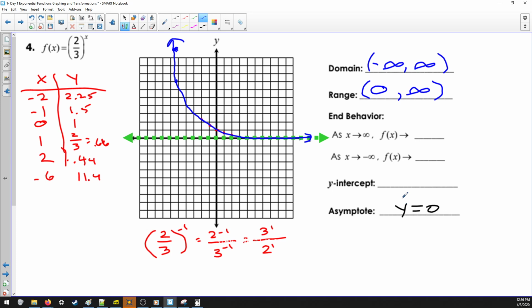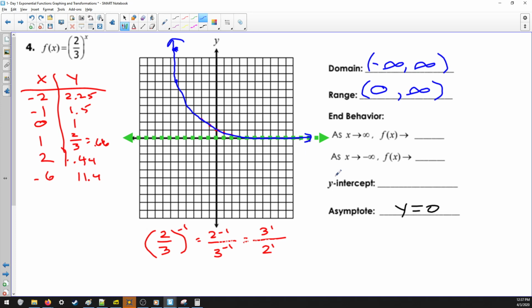You have to separate the asymptote being 0 from my range and my end behavior, where I'm saying it's going to get close to this wall but never actually touch it. So when I say that the asymptote equals 0, I'm not describing any of these points. I'm describing what they will get close to, but never actually get to. I hope that helps.